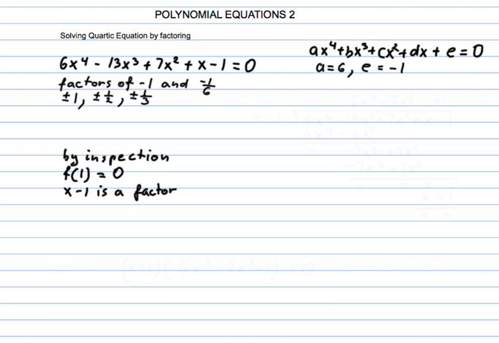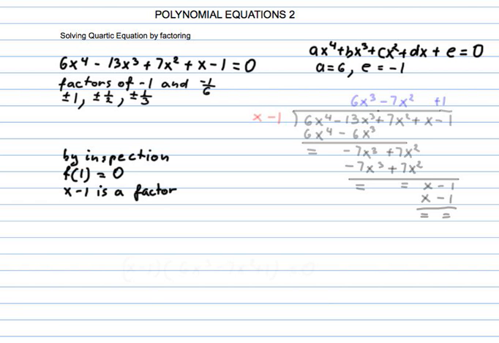If 1 makes it 0, therefore x minus 1 is a factor, which means I can divide this quartic by x minus 1 and should not get a remainder. So I have found one root, which is equal to 1.